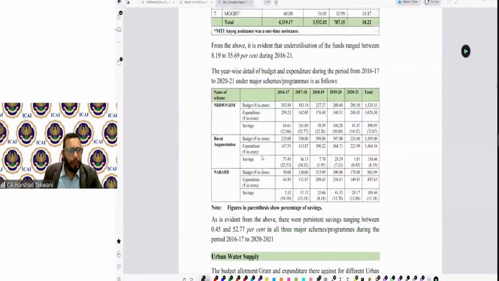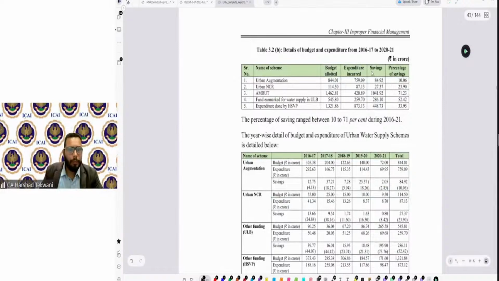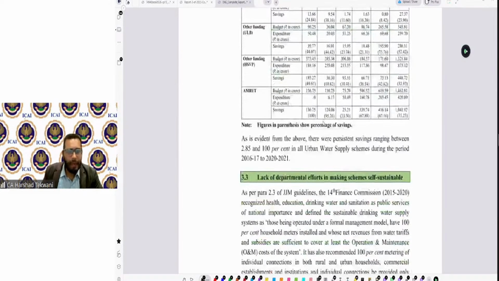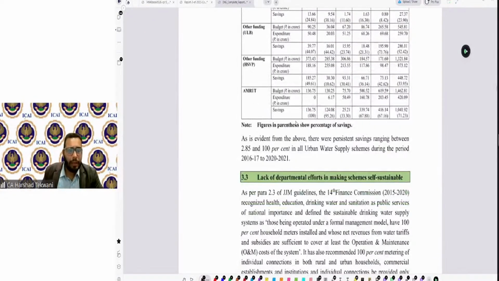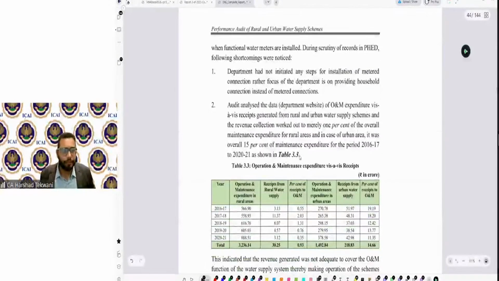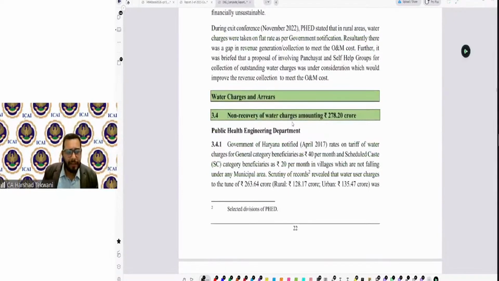For example, over here, if you see this one, what was the budget allotted, what was the expenditure incurred, whether there were any savings or not, the percentage of savings. And then what was the later scenario with respect to the savings. So that was the plan which was there. And how it actually went from a savings point of view, a detailed analysis has been done. So details for non-recovery of water charges, this much amount. A lot of things are there.